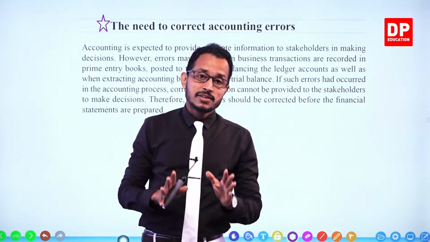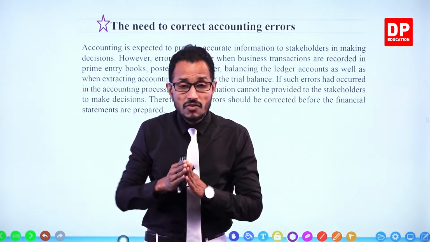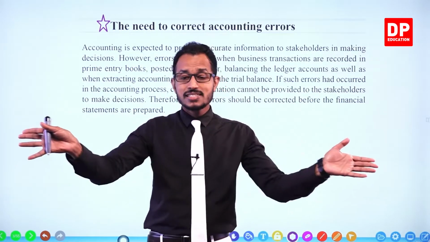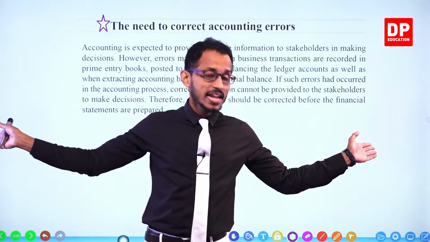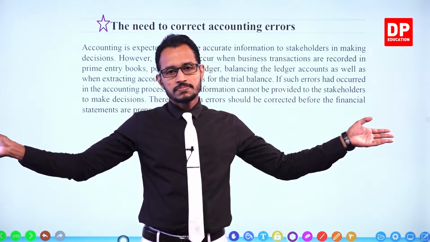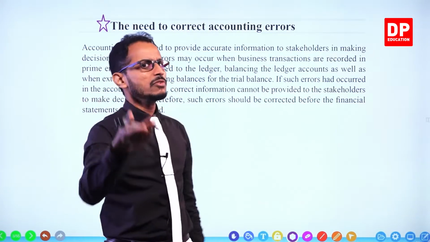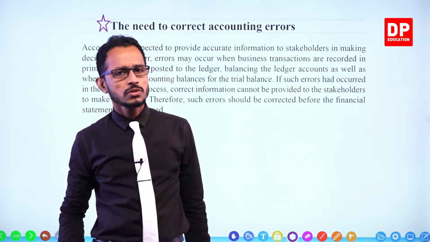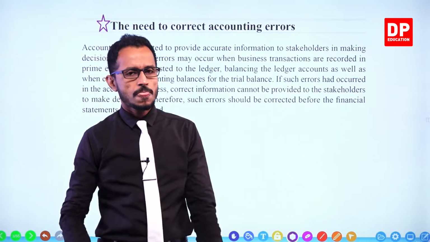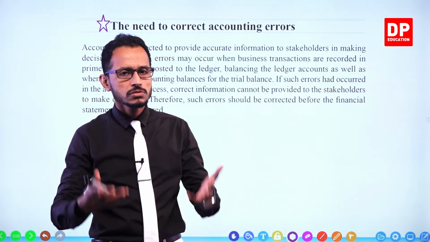Not only to those stakeholders, we provide information to external stakeholders outside the business. External stakeholders also take information from our accounts, our accounting records, our financial reports.